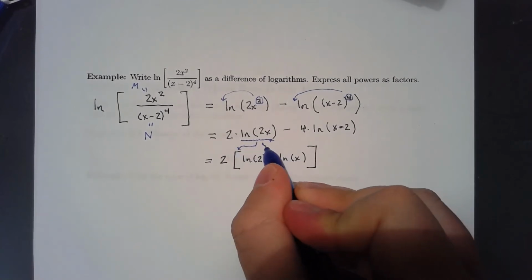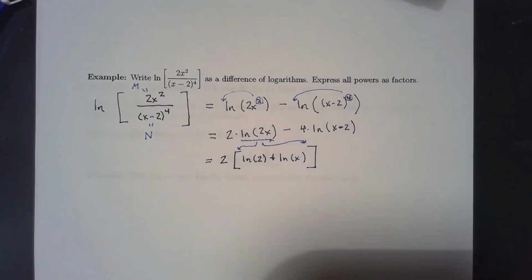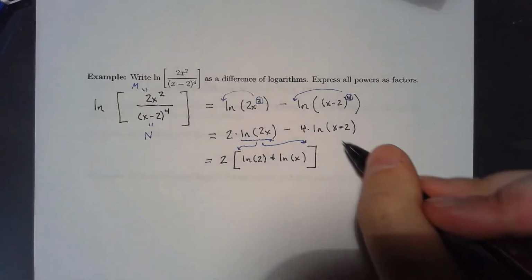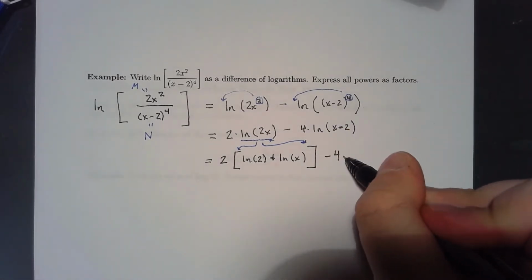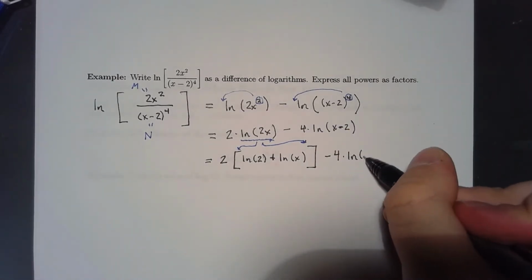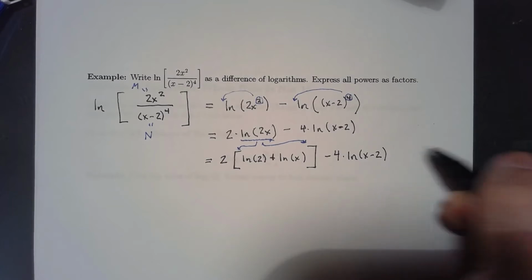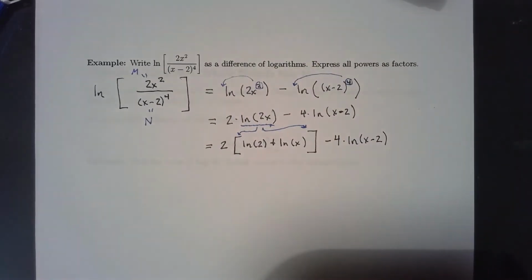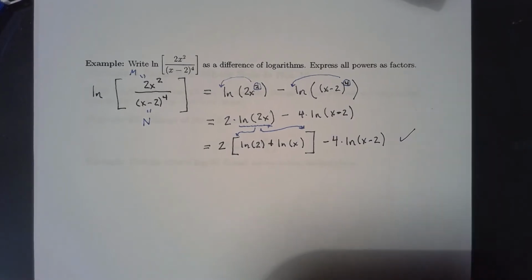That's for this whole thing right here. And then I just continue, minus 4 times ln of x minus 2. All right, I could write that. There's nothing wrong with that. And that's it. I can't go any further with that.